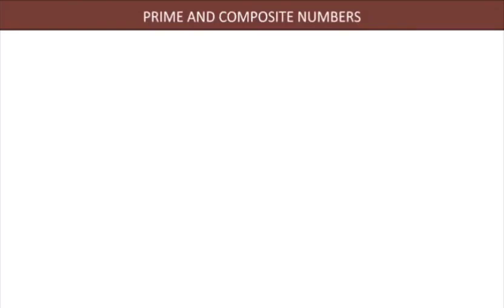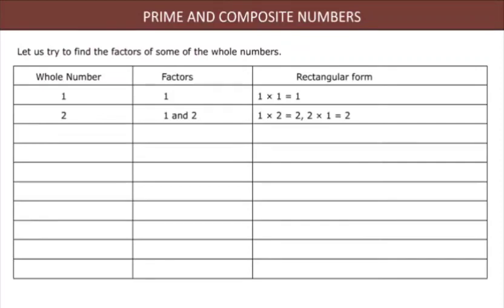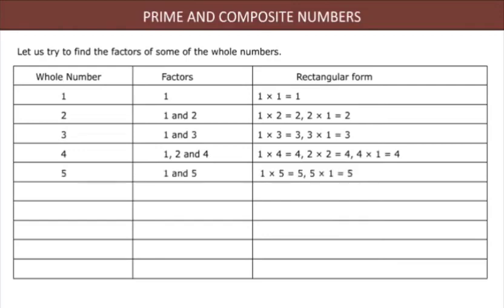Prime and composite numbers. Let us try to find the factors of some of the whole numbers. Whole number, factors, rectangular form. Factors of 2 are 1 and 2. Factors of 3 are 1 and 3. Factors of 4 are 1, 2 and 4. Factors of 5, 1 and 5.